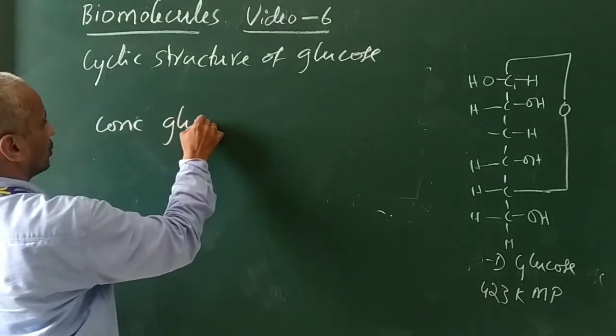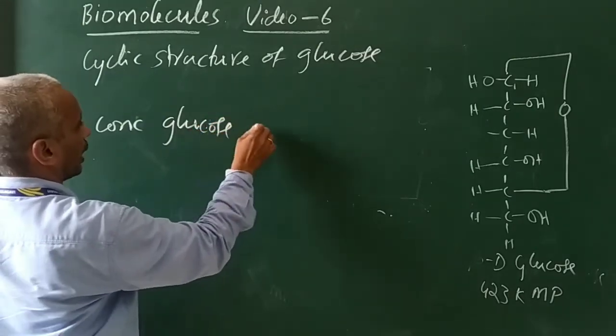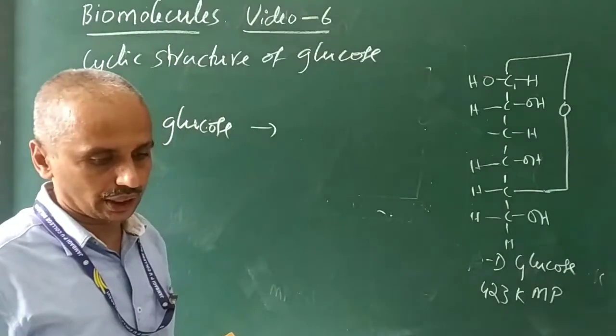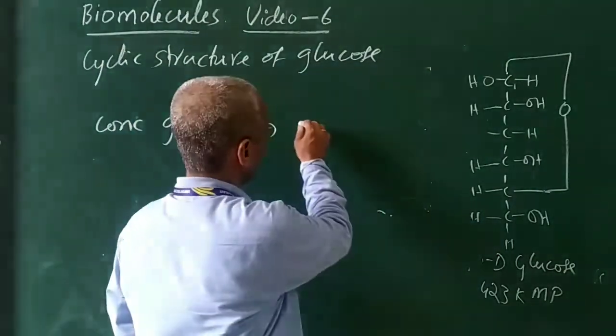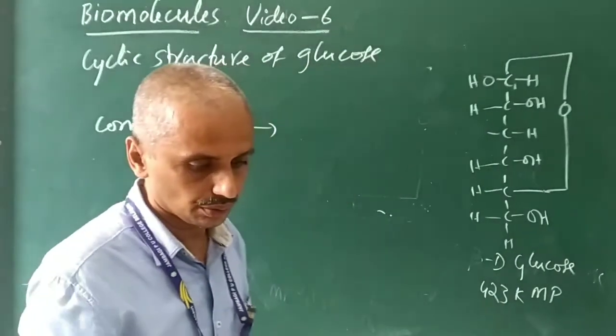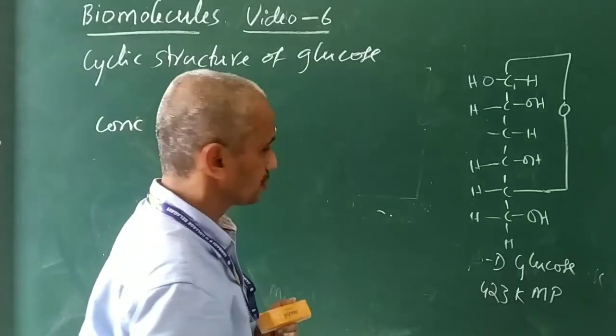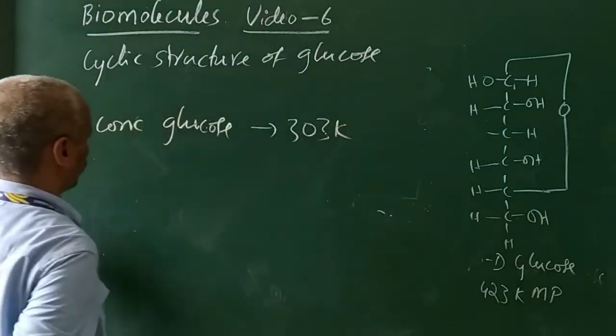Concentrated glucose solution at around 371 Kelvin gives alpha D glucose; at around 303 Kelvin, it gives alpha D glucose.